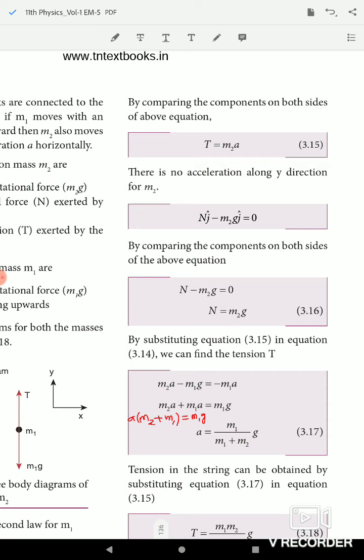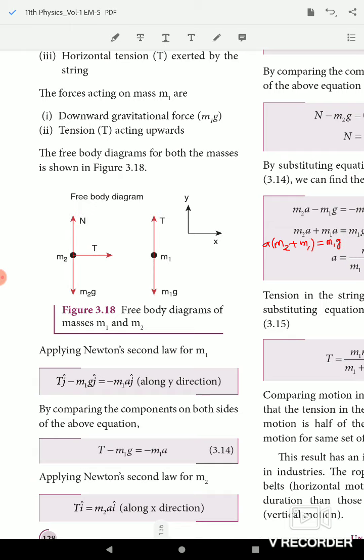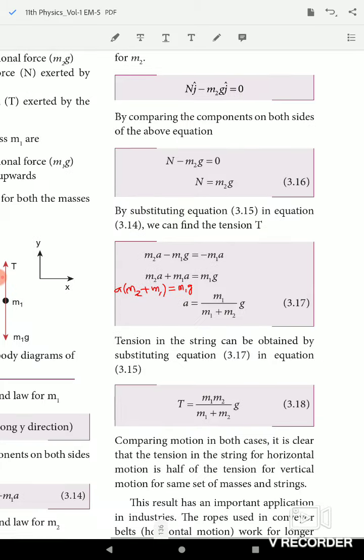So N minus m2g equal to 0. So you get N equal to m2g. Substituting this value, T equal to m2a is substituted in the equation. Which equation? T minus m1g equal to minus m1a.